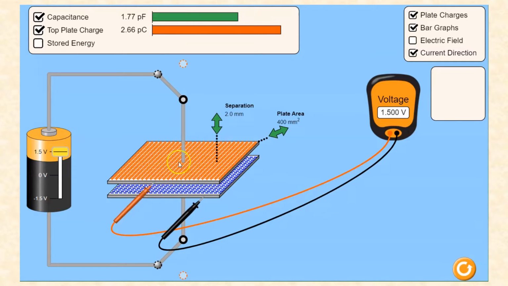Remember that the capacitance is really a measure of the geometry, that is the size and shape and separation of the conductors themselves, as well as any insulating medium that happens to be in between. And we'll talk a lot more about that later, in part 2 of this lecture.